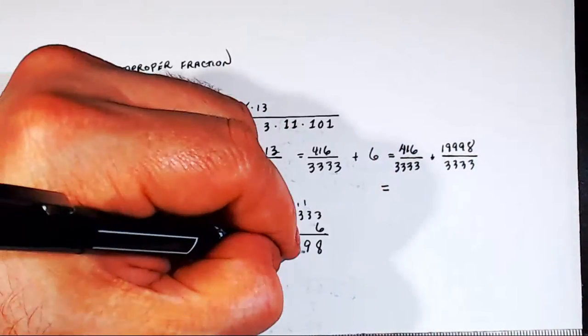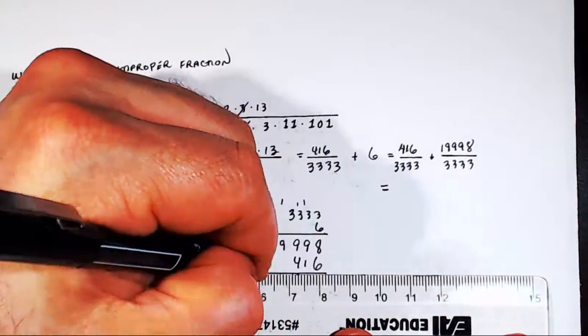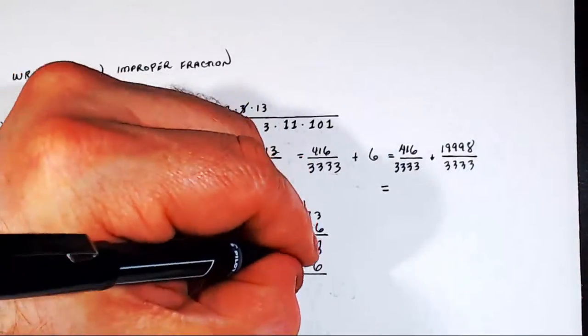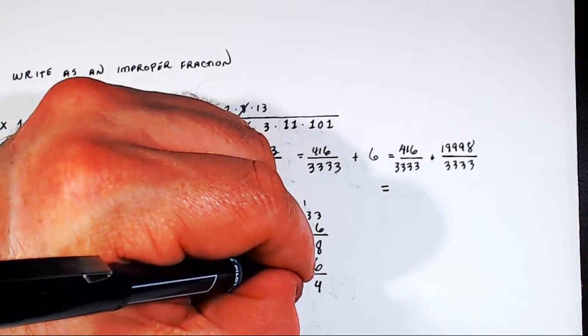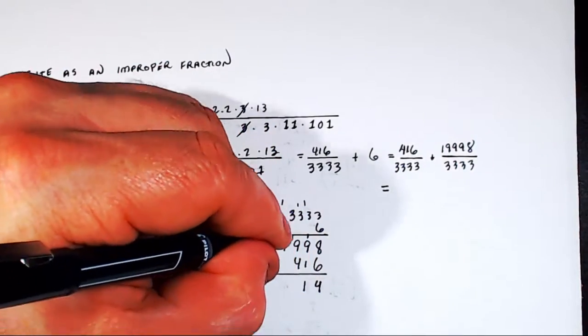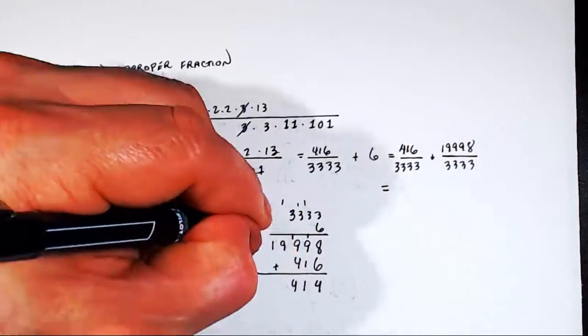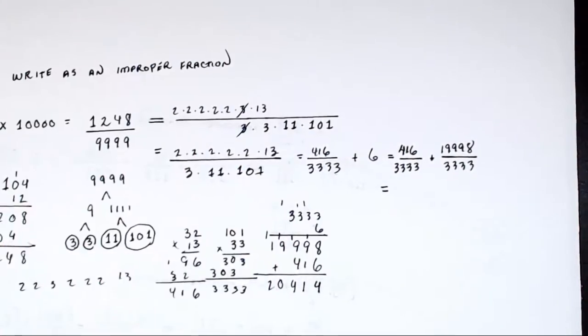Well, let's add 416 to 19,998. 8 plus 6 is 14, carry the 1. 9 plus 1 is 10, plus 1 is 11. Carry the 1, 9 plus 4 is 13, plus 1 is 14, carry the 1, 9 plus 1 is 10, so 20,414.